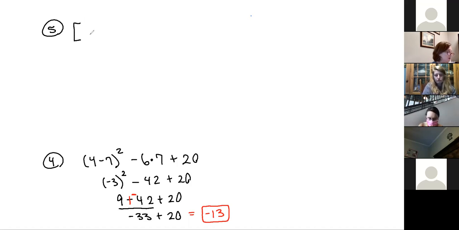If you already used parentheses in a problem, and you need an extra grouping symbol, the next thing would be brackets. This one's gonna be challenging. So I have -5 plus 1 in parentheses, and I have that inside of a bracket divided by 2. So once I use parentheses, I would use brackets.